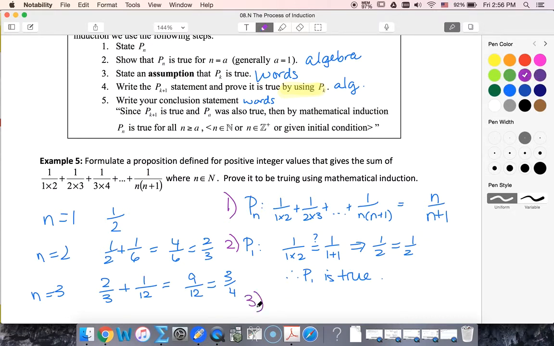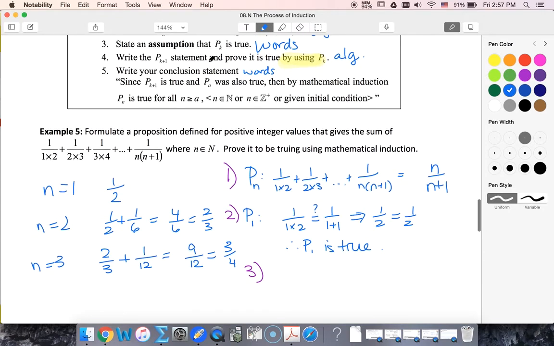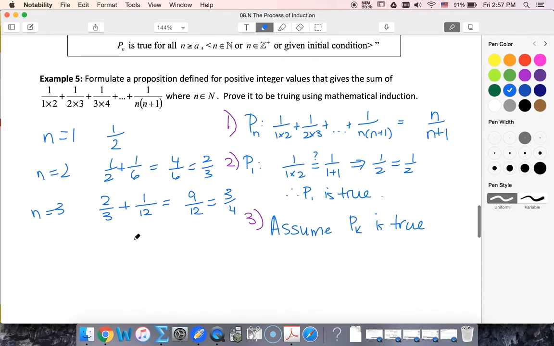Step 3 says to state that P sub k is true. It's stating our assumption that it is true. So I'm going to use the word assume. P sub k is true. And furthermore, I'm going to write out what that implies.